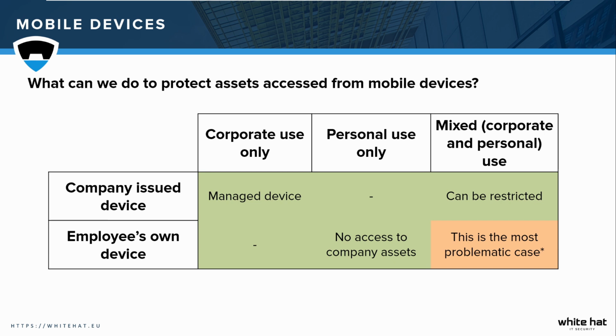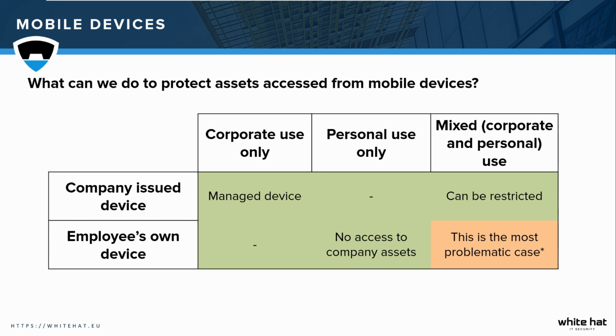If the device is company issued, mobile device management solutions can be deployed. But honestly, no one really likes having 2 phones at the same time, and giving smartphones to every employee is often not even feasible. So let's look at the case in the bottom right corner. This is the most dangerous and at the same time most common case. Personal devices with company access.